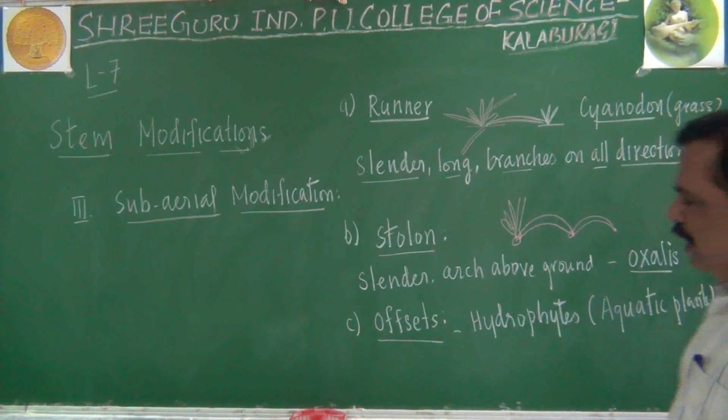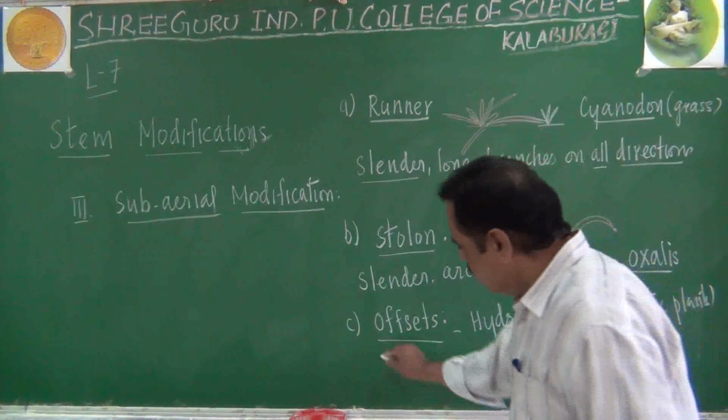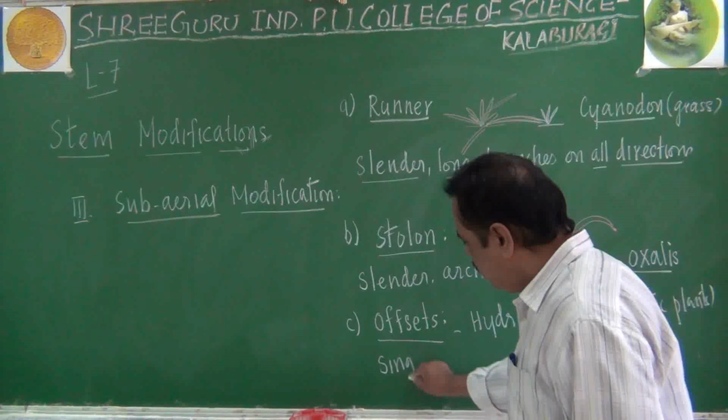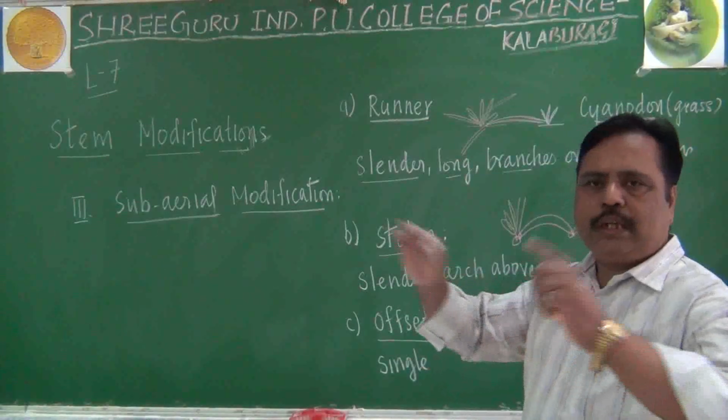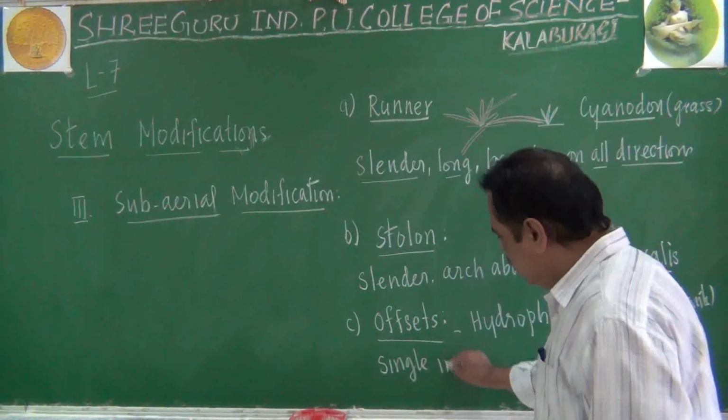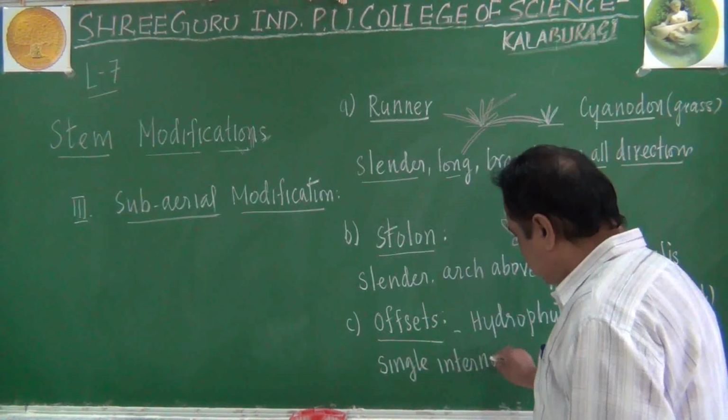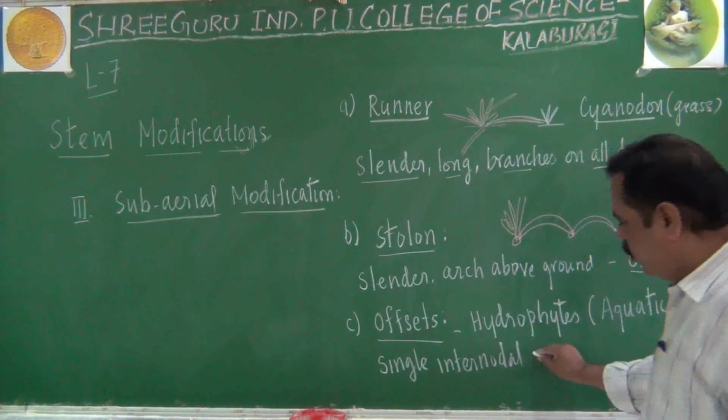In aquatic plants, single internodes will be produced like branches. Single internodal structures will be produced.